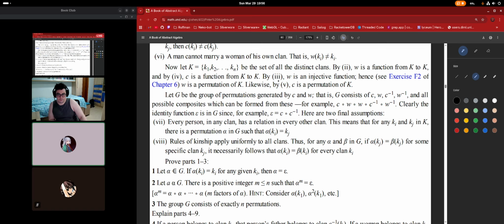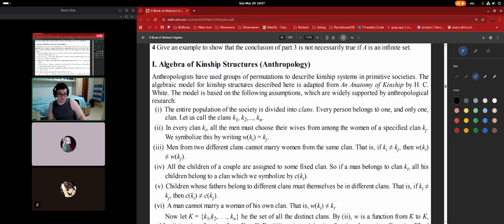It's after rule 6. You see, now let k equals blah blah blah up to k of n. So n is actually the number of clans. Oh, okay, so M is a number that is smaller than the number of clans we already have. Could be equal to the number of clans as well. Yeah, up to the number of clans. If it's up to equal, I think that's already fine for what I'm trying to do.